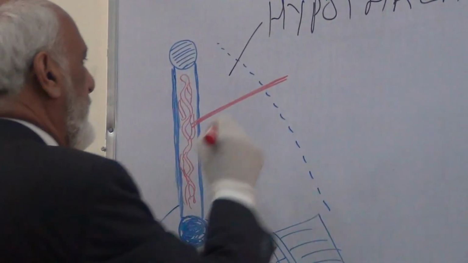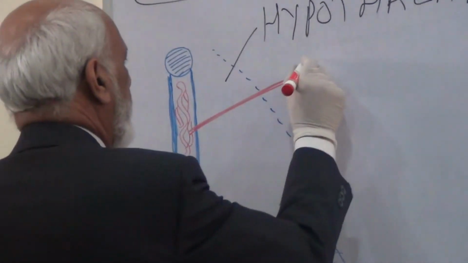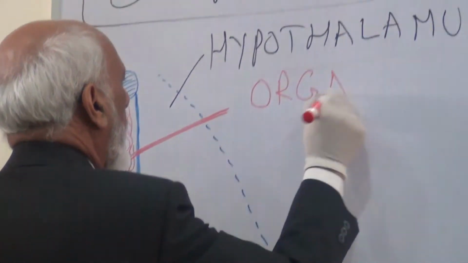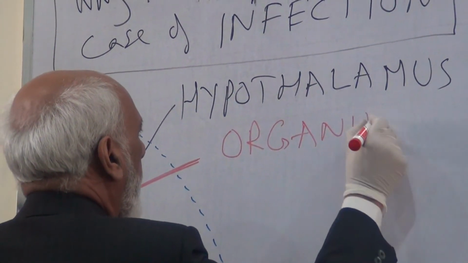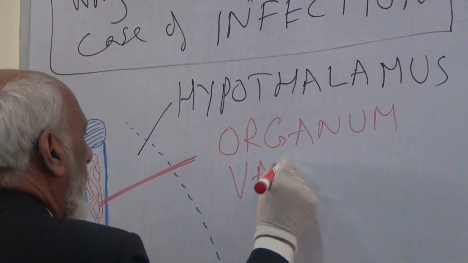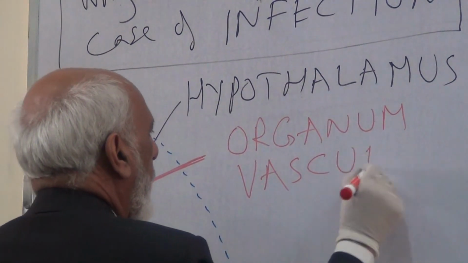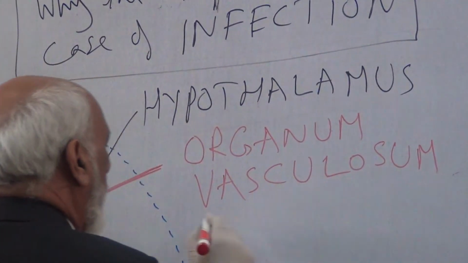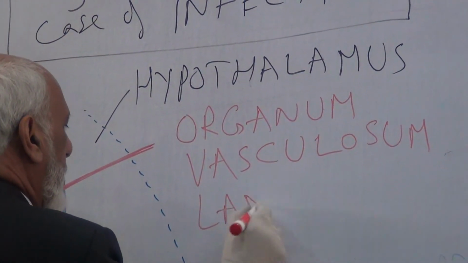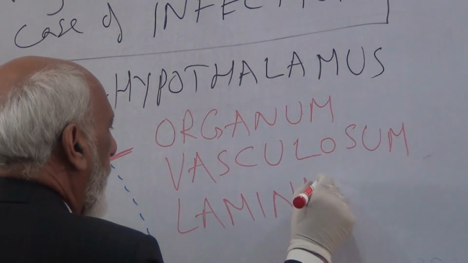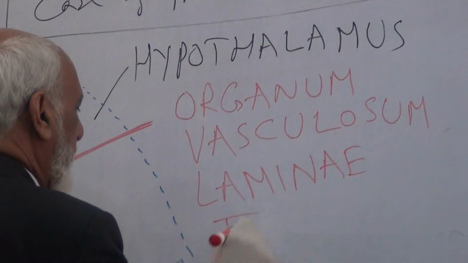These blood vessels are known as organum vasculosum laminae terminalis.